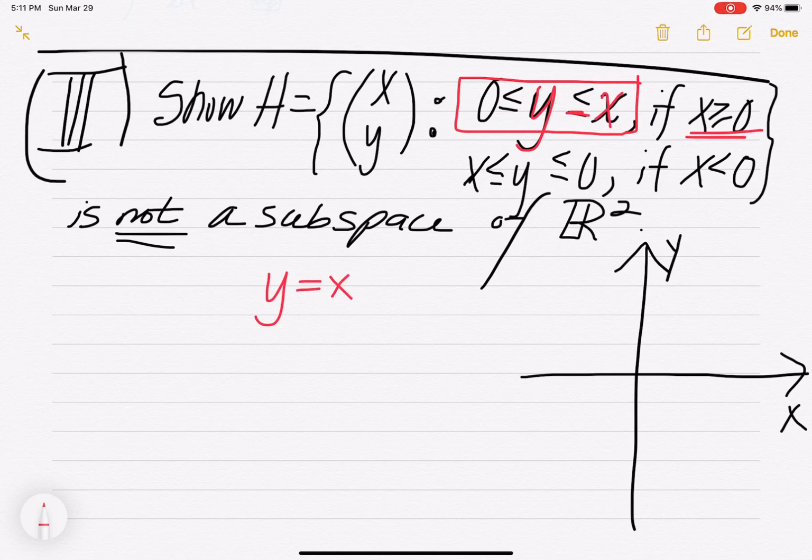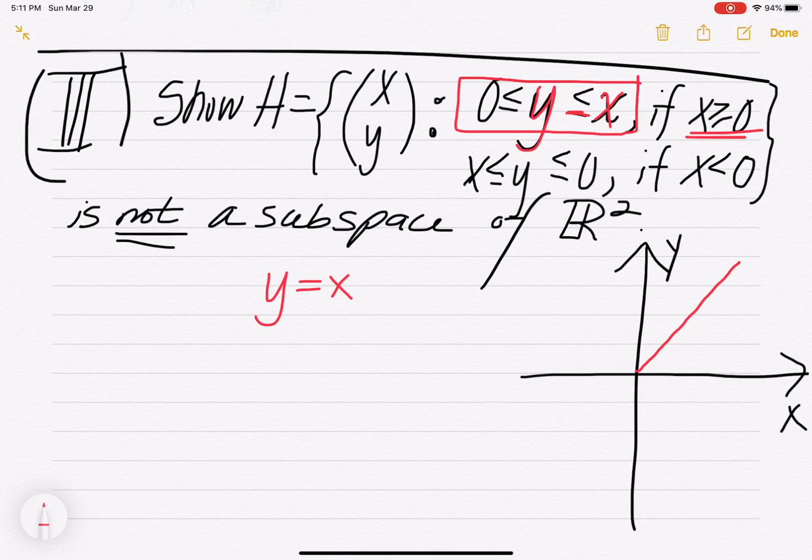Y equals x is just a diagonal line. So we have y equals x as an upper bound for our region. This is when x is positive, so that's going to be over here on the right-hand side in the first quadrant and possibly the fourth quadrant.